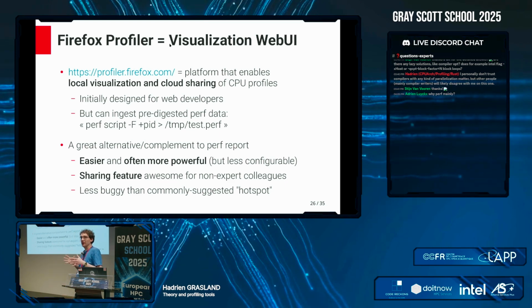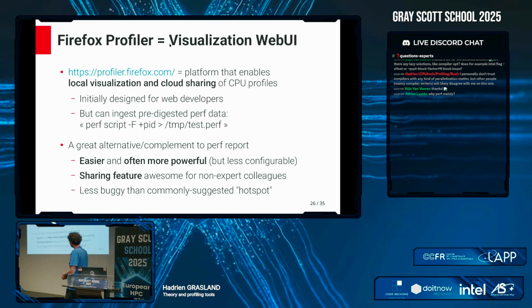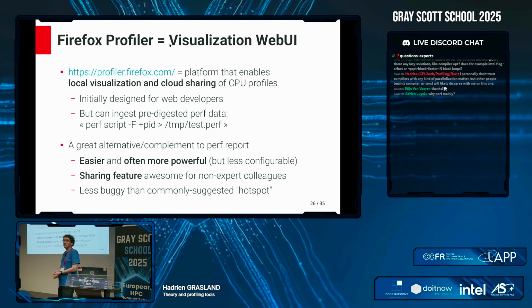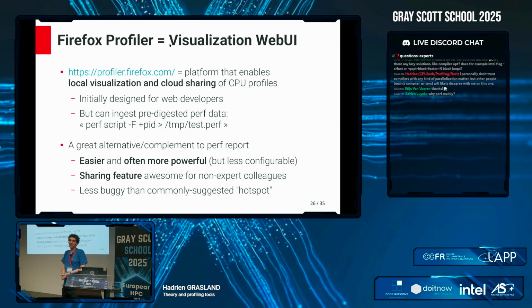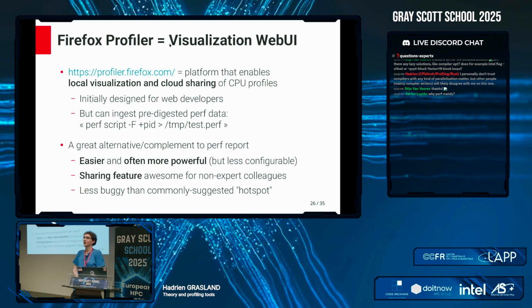This is a great companion to perf report. For most purposes, when you're doing simple things, it's much easier to use than perf report because it's a real web user interface, not a text user interface pretending to be a graphical user interface.